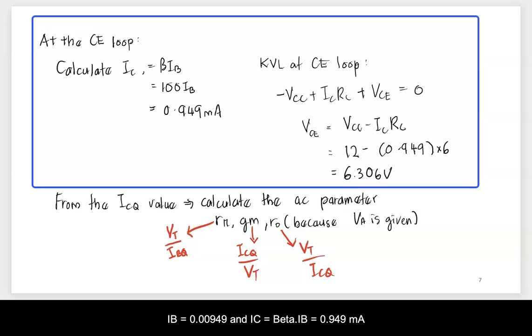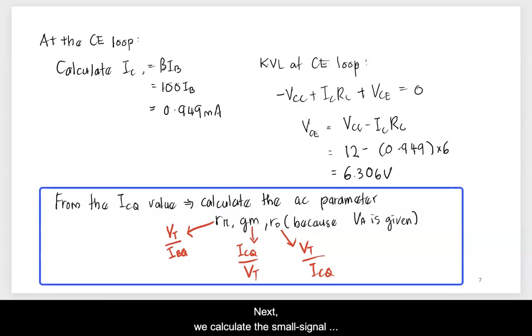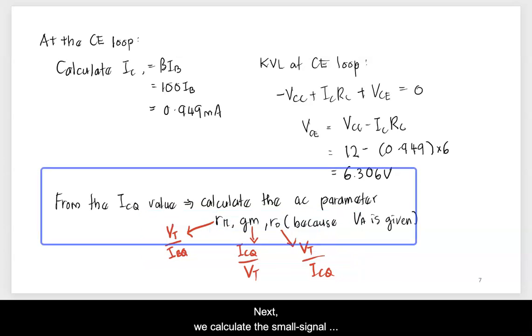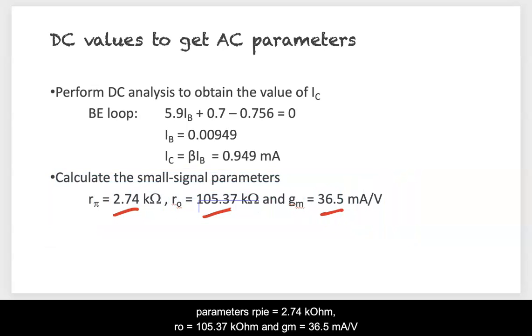From there we can find IC, which is beta IB, and IC is 0.949 milliampere. From there we calculate the small signal parameter. R pi is equal to 2.74 kilo ohm, RO is 105.37 kilo ohm, and GM is 36.5 milliampere per volt.